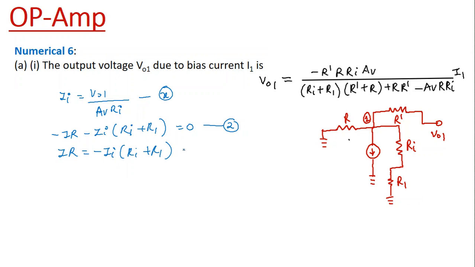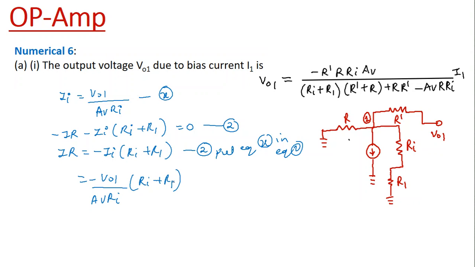Now we put equation number X in equation number 2, and we get IR equal to minus VO1 divided by AV Ri into (Ri plus R1).